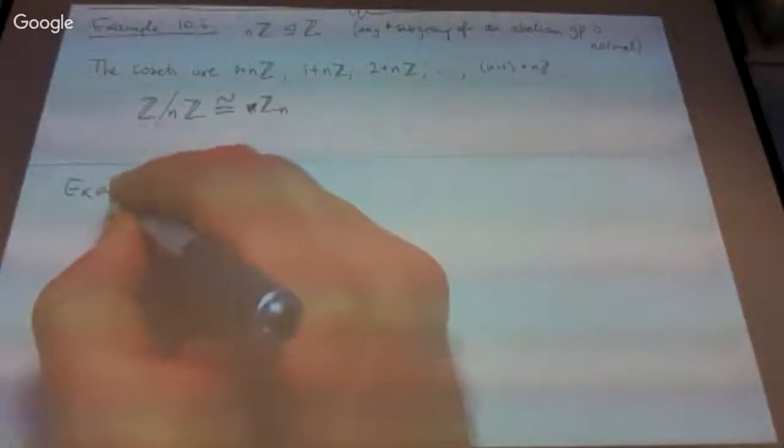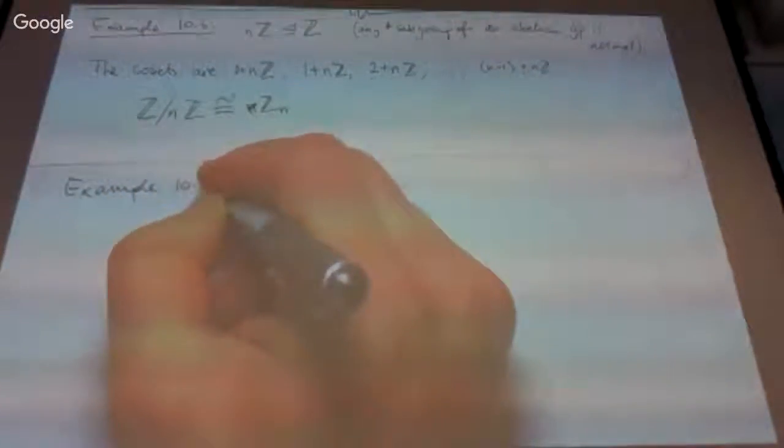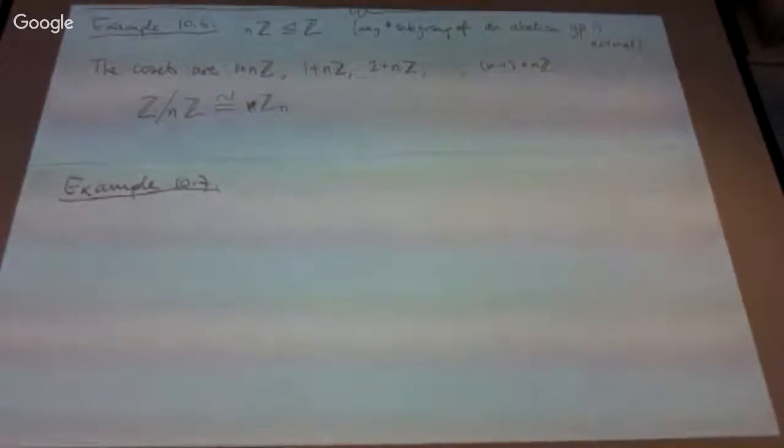Okay, so example 10.7. What's the dihedral group?